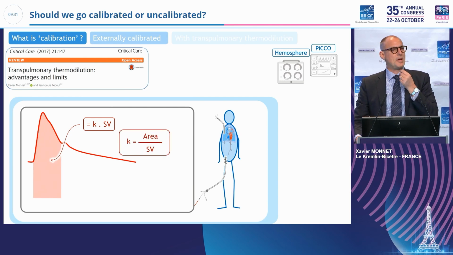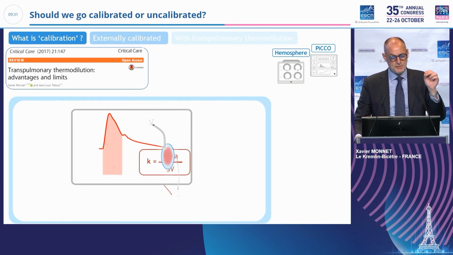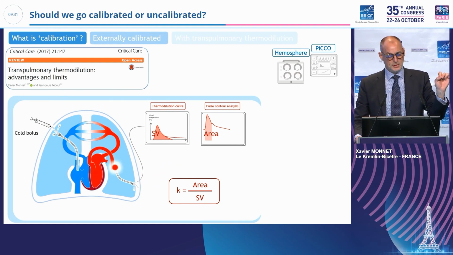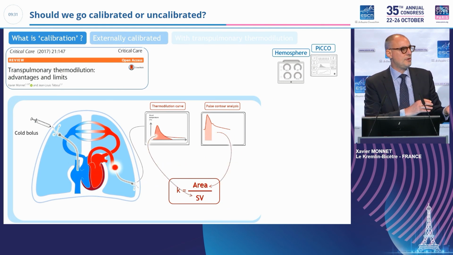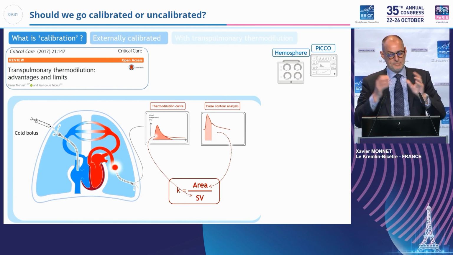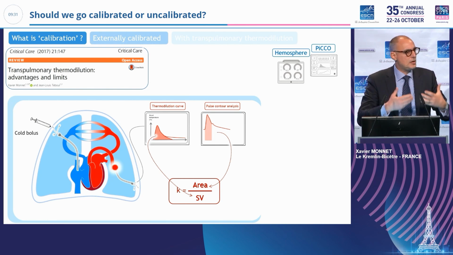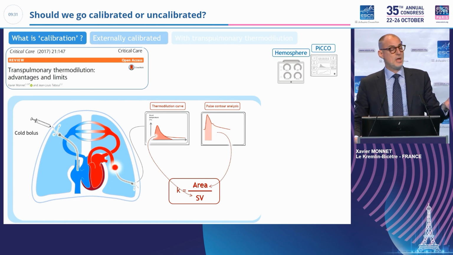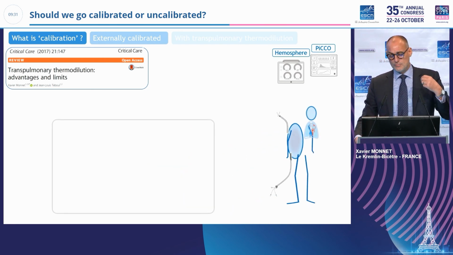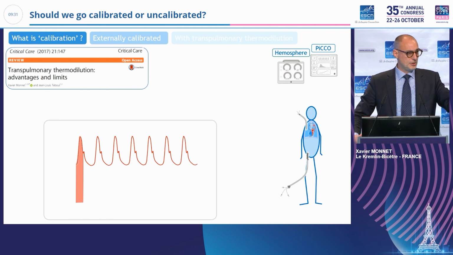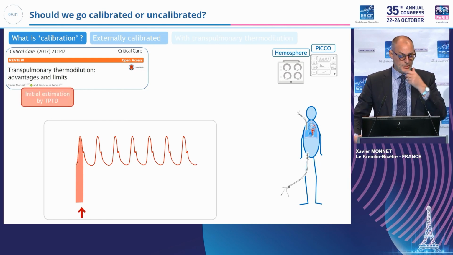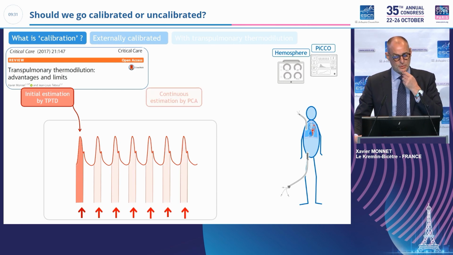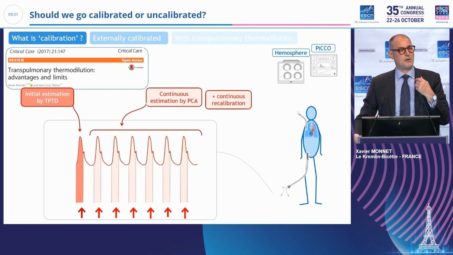And calibration means that, very simply, each time you perform a thermodilution measurement, the system knows stroke volume, and at the same time the area. And so it calculates this calibrating, multiplying factor. And after this initial calibration, external calibration through thermodilution, every heartbeat is estimated with the same calibration factor to estimate stroke volume.